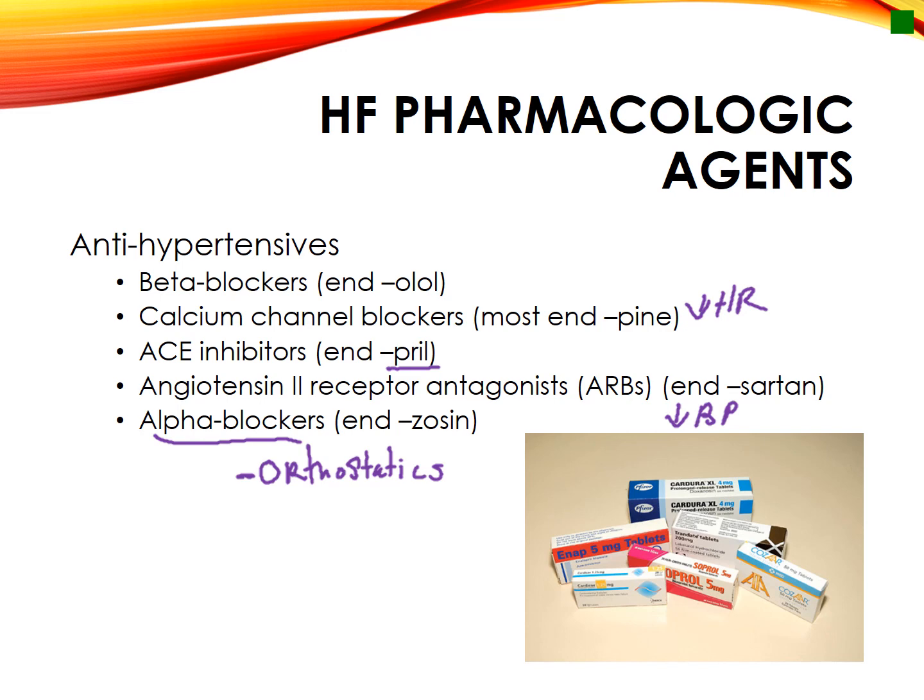Actually, on any of these, that wouldn't be a bad idea. They're best if they're taken at bedtime. Advise the patient to lie down for 2 hours after these doses. So if we're giving some of these, let's just give them at bed. Examples of these are doxazosin and prazosin.